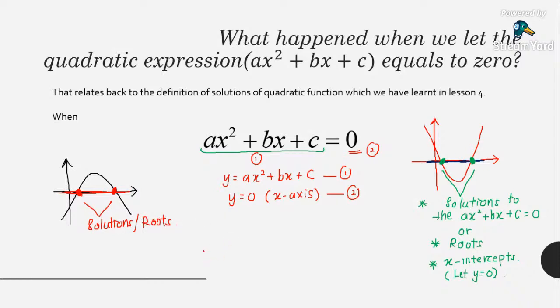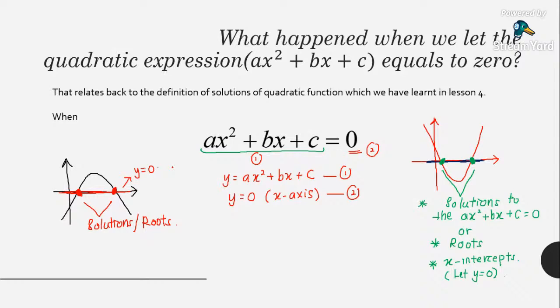You must remember the solution or roots of a quadratic equation is actually the point of intersection between two graphs. The first one is the quadratic graph. The second one is the x-axis, y equals 0. That's what we call the roots or the solutions.